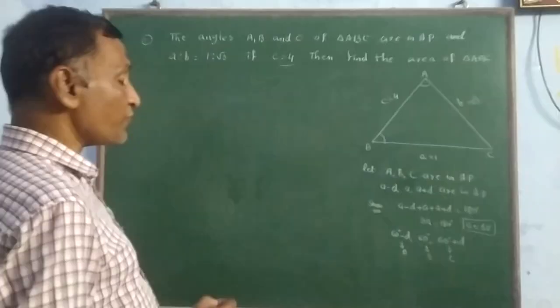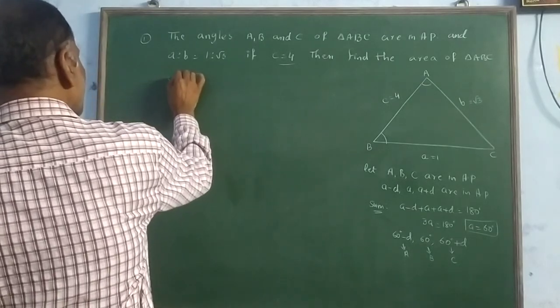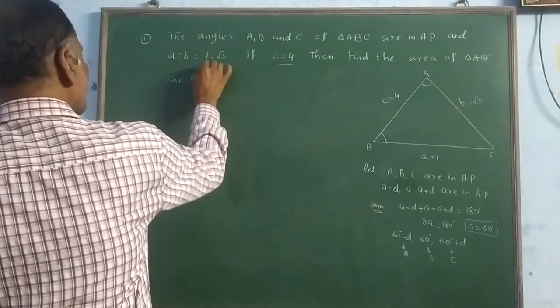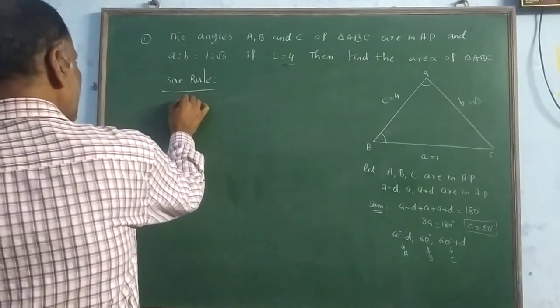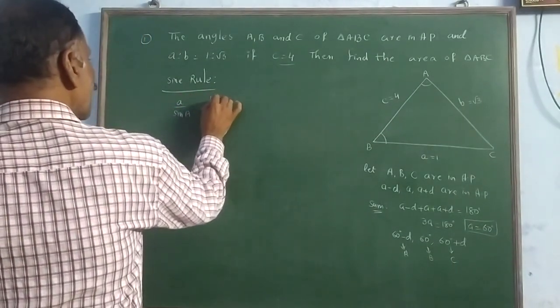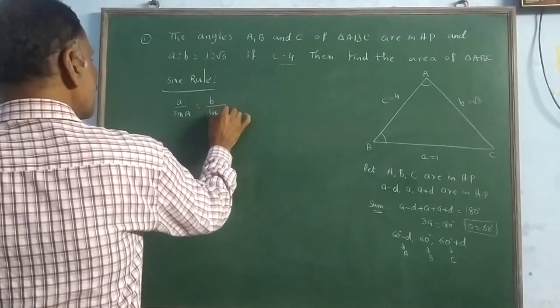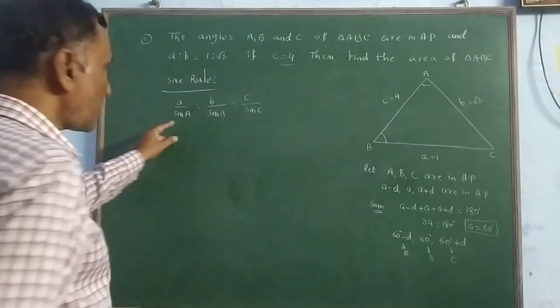Now we can find it by applying the sine rule. What is the sine rule? a by sine A, b by sine B, equal to c by sine C. This is the sine rule.